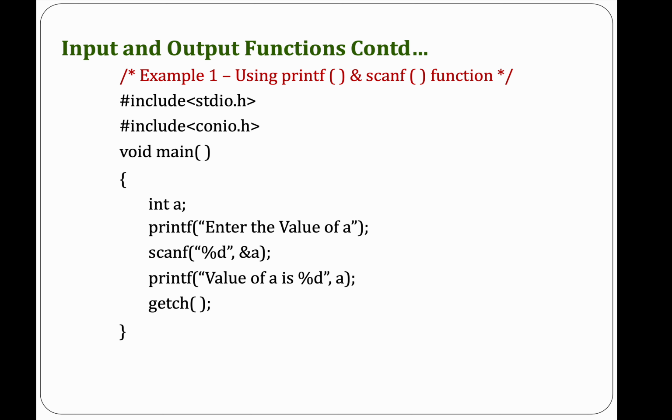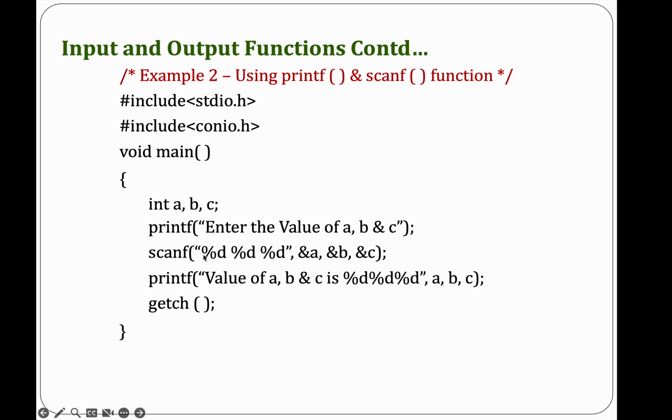And the same value will be printed by this printf statement: value of a is %d. %d is a format specifier which will print the value of the variable or argument that follows. This is a simple example where we use the ampersand symbol to pass the input to the scanf statement and print the result on the screen using the output statement.